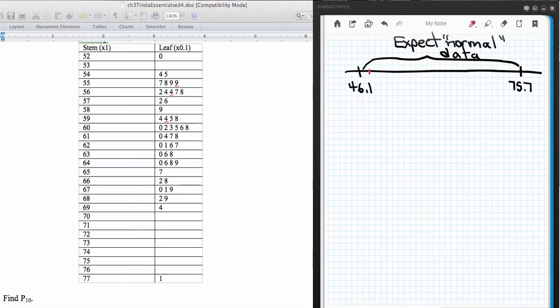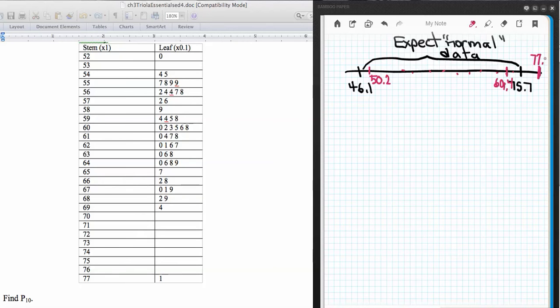I have my low one here at 50.2. And then I have data scattered out in here, all kinds of data in here. And then I have this last one here, 69.4.